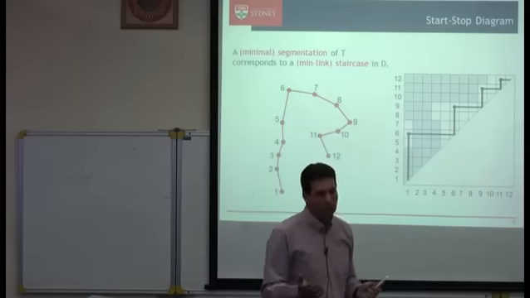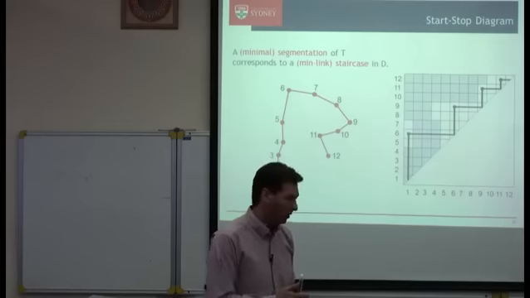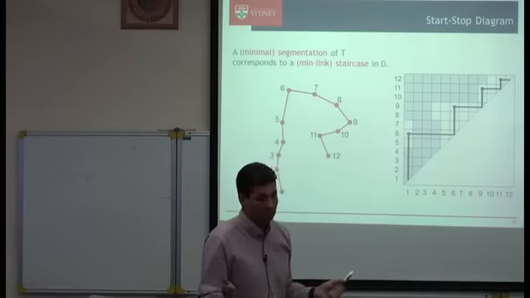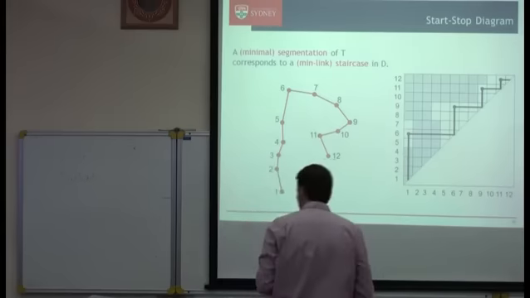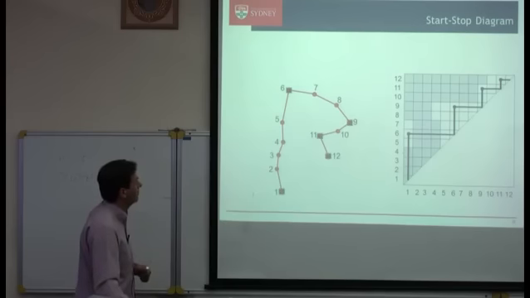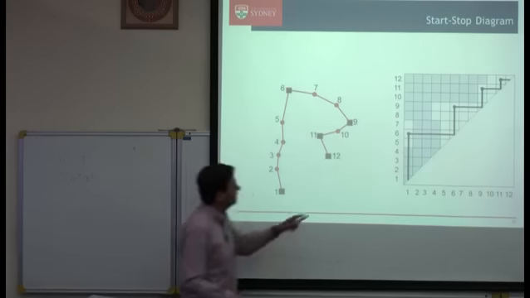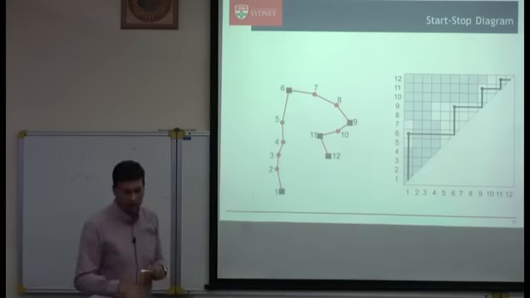It would maybe be interesting to say, can you do a segmentation where each segment has a minimum length, for example, or something like that. Okay, so in this case, this staircase would correspond to this segmentation.